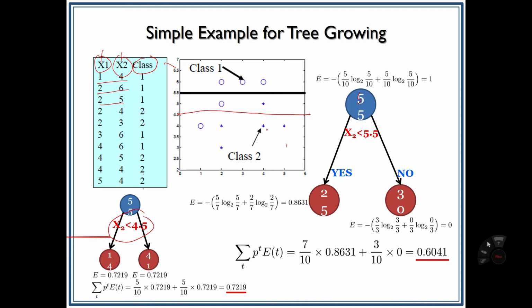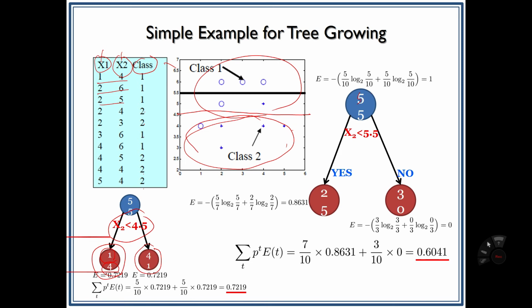These 5 data points go in this direction, so there are 4 class 2 objects and 1 class 1 object, and these 5 objects go in the other direction, so there are 4 class 1 objects and 1 class 2 object.